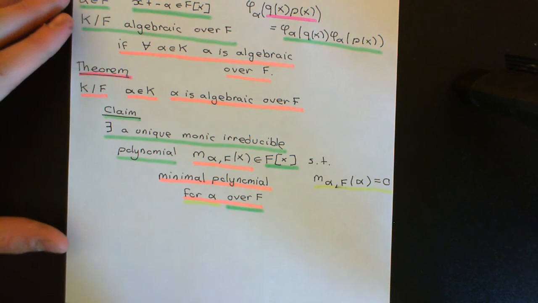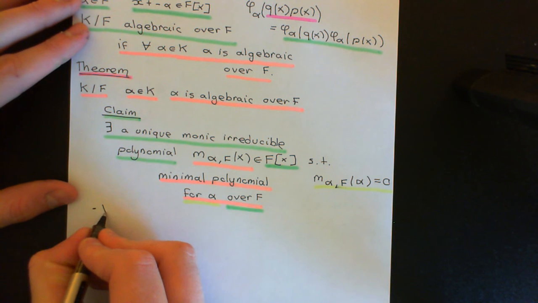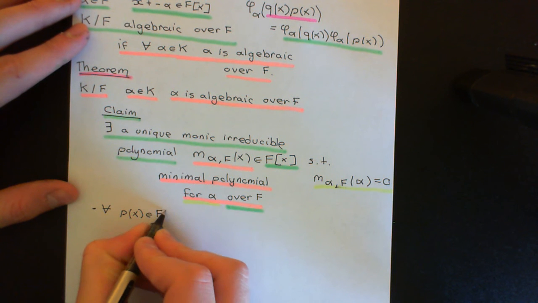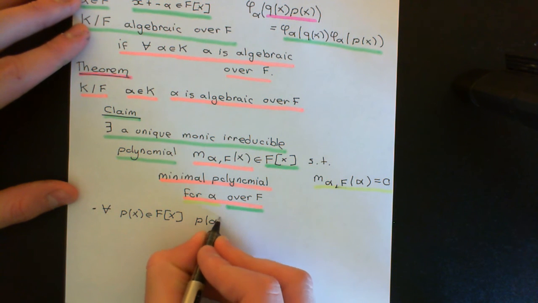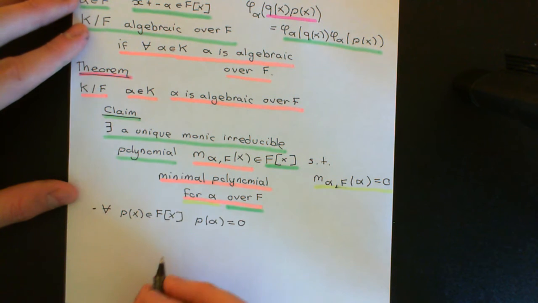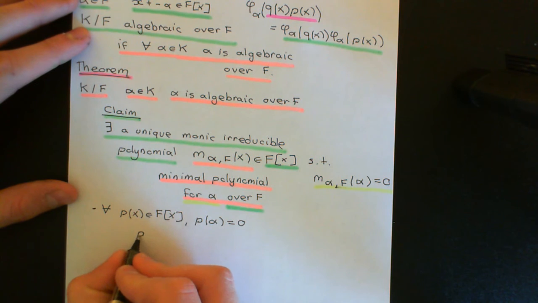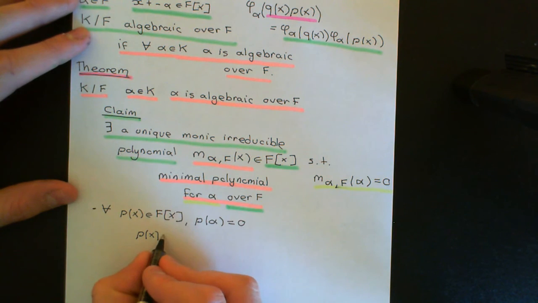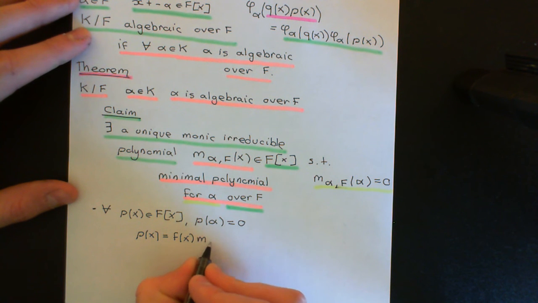And there's actually another part to this claim. The other part to this claim is that for all other polynomials p of x, which are in the ring of polynomials over the field capital F, and which have alpha as a root, such that p of alpha is equal to 0, then this polynomial p of x will be a multiple of the minimal polynomial for alpha over F, so it will be something, shall we call it f of x, times the minimal polynomial for alpha over F of x.